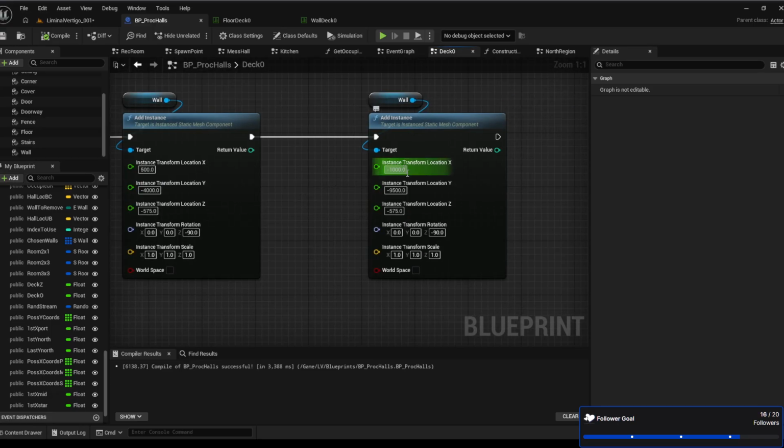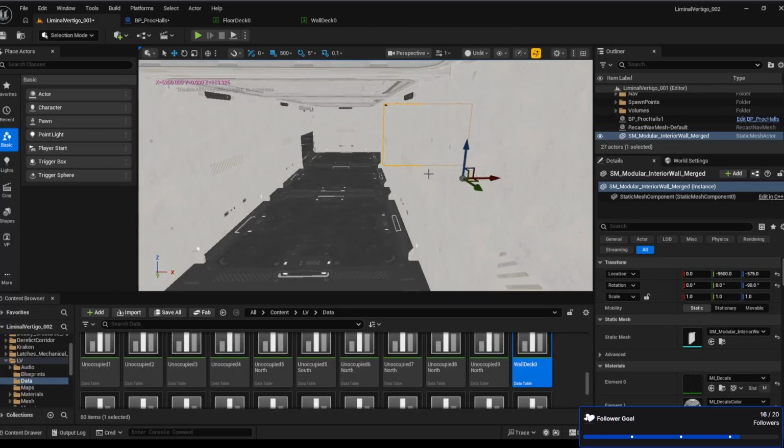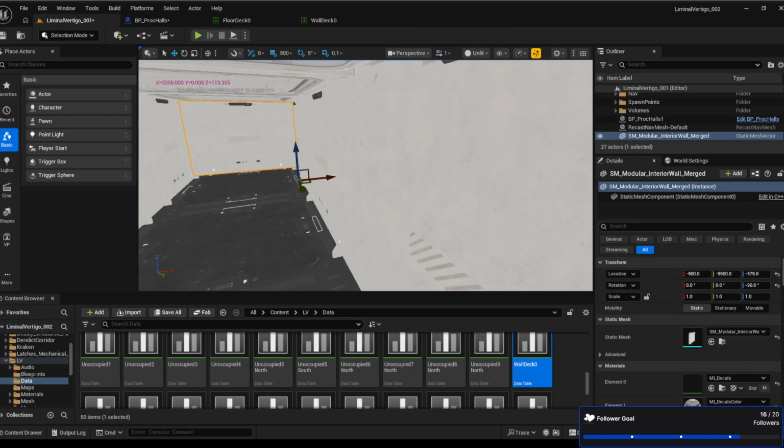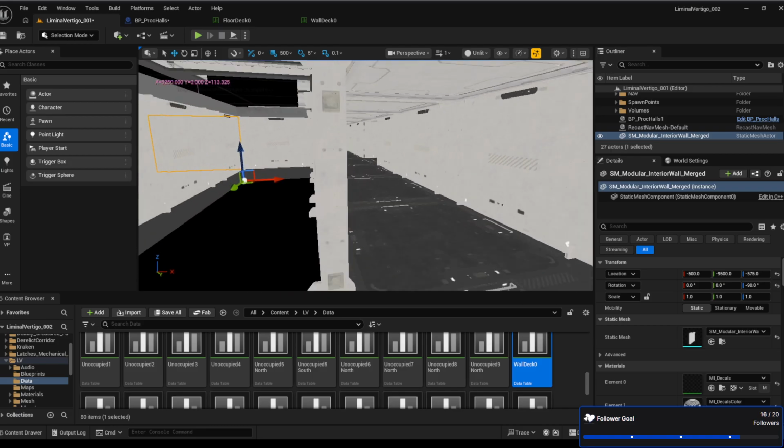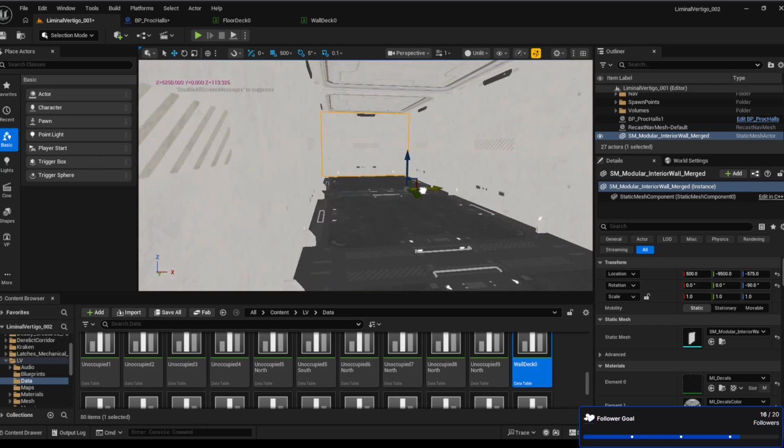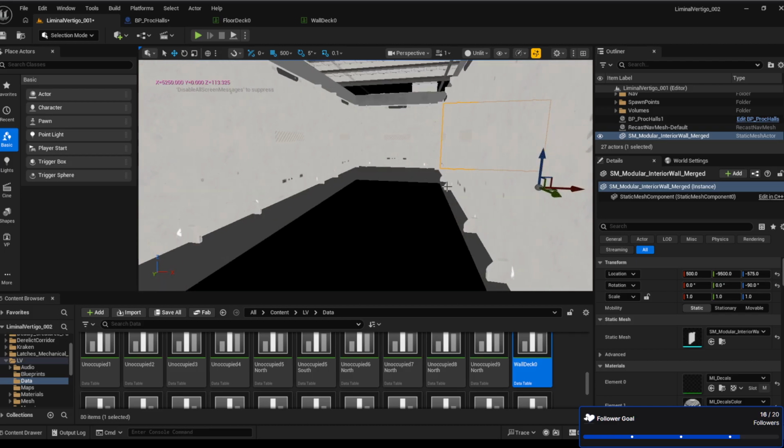So instead of negative 1,000, this should be negative 500. Correct or incorrect? I don't remember. Yes, negative 500 needs to be blocked if this one is to be open. Yeah.